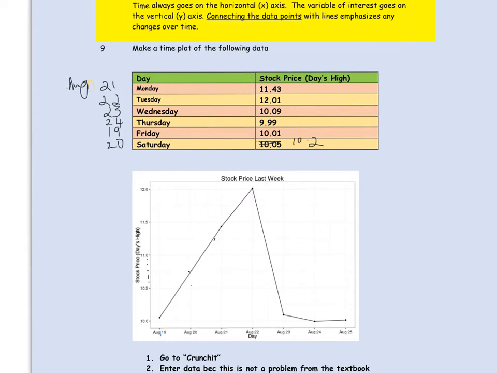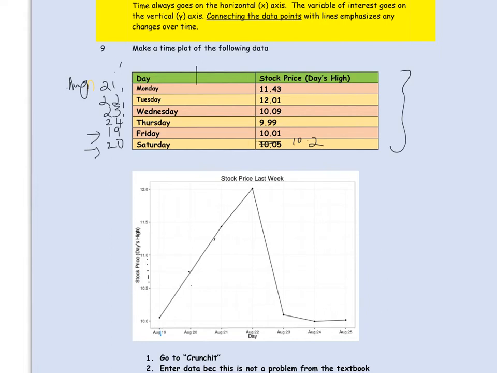Now this table shows the variation in stock price over a period of time. It's starting from August 19th, then 20th, 21st, 22nd, 23rd, 24th. We can represent this information using what is called a time plot.